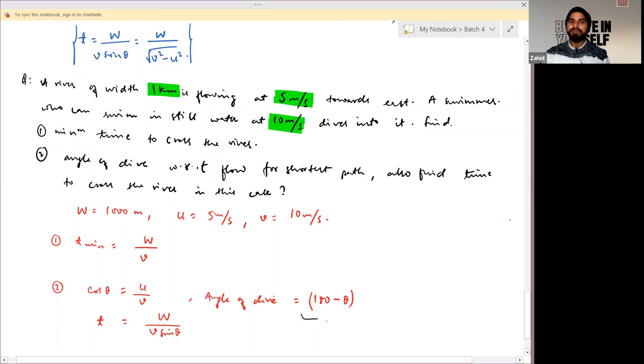It means subtract that angle from 180 degrees.